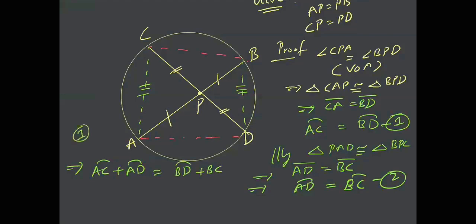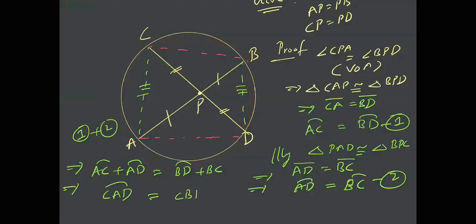This is what I'll get if I add these two equations, 1 and 2. This one and this one, right? AC plus AD is equals to BD plus BC. So what is arc length AC plus arc length AD? This is nothing but arc length CAD, right? And what is arc length BD plus arc length BC? This is nothing but arc length CBD, right?